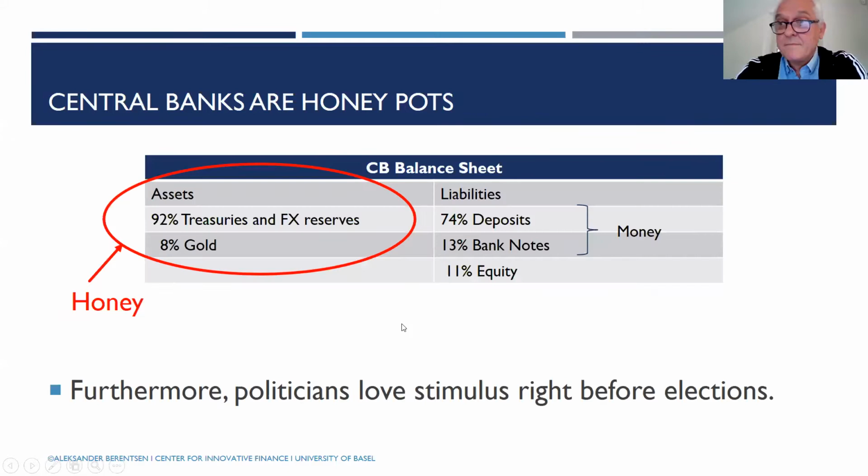This is a typical balance sheet of a central bank. As a liability, you have the money they produce, and then maybe some equity. And with these liabilities, they basically acquire assets. Typically treasuries, foreign exchange, and other assets. Nowadays, the Swiss National Bank, I think, is the biggest Apple owner.